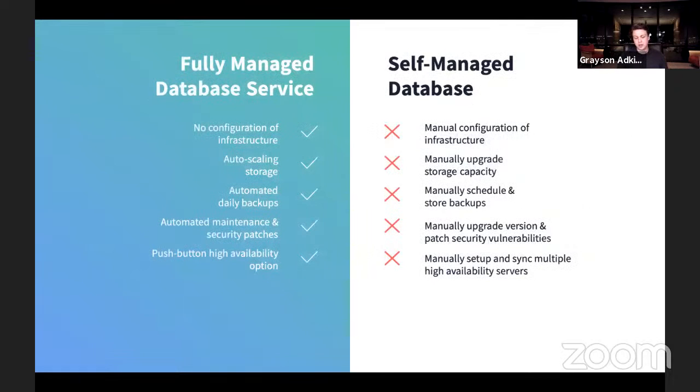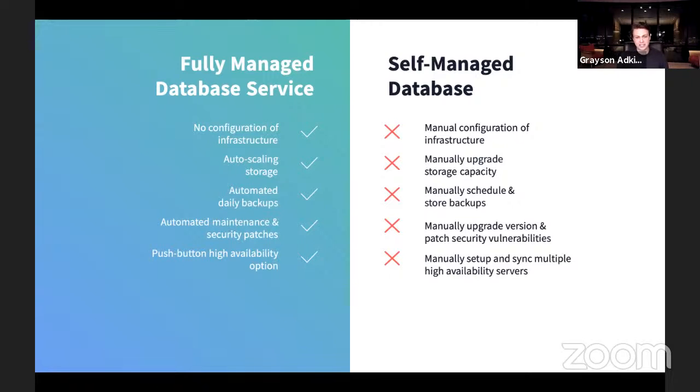The other option instead of a fully managed database would be a self-managed database. Self-managed requires manual configuration of infrastructure, whereas a fully managed database is push button and it's going to stand up for you. Self-managed also requires manual upgrades of storage capacity, manual scheduling and storage of your backups, manually upgrading versions, manually patching security vulnerabilities, and manually setting up and syncing high availability servers.